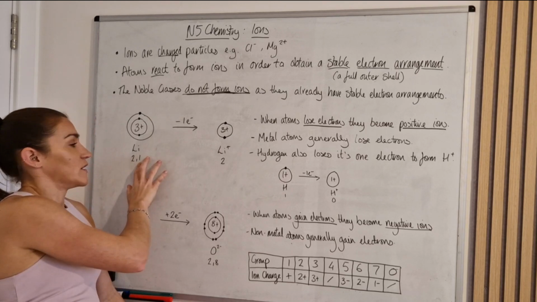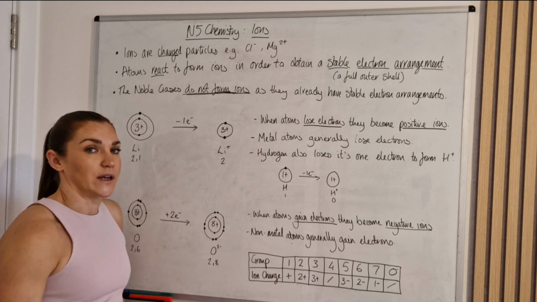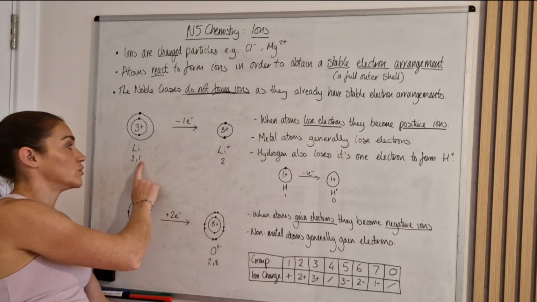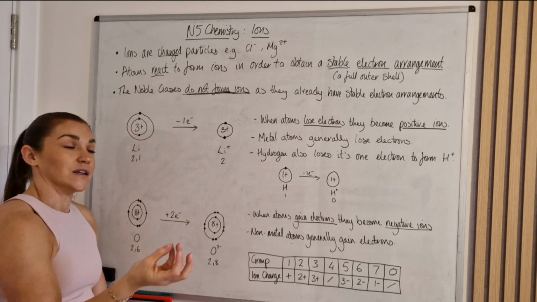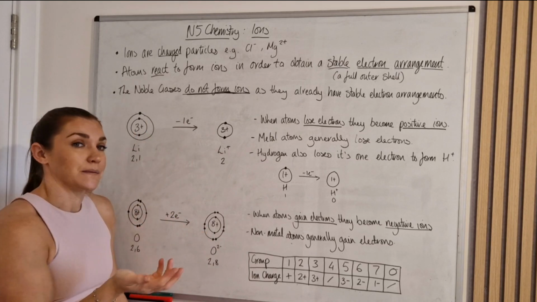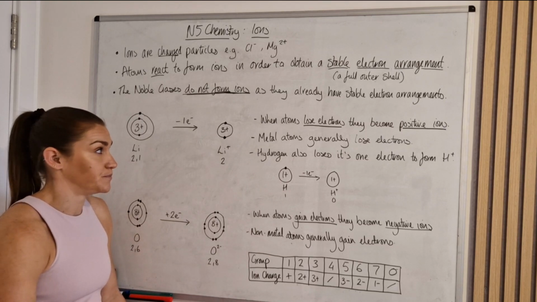However, to go up to 2,8, it would have to find 7 electrons from somewhere. That's quite a lot of electrons to find, whereas it could just lose its one outer electron. It just gives one electron away and then it becomes stable, because that involves the least number of electrons being transferred.